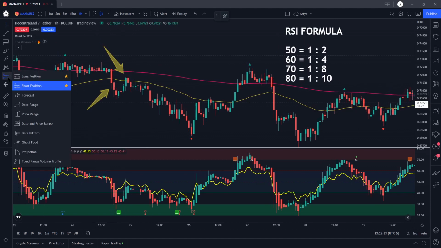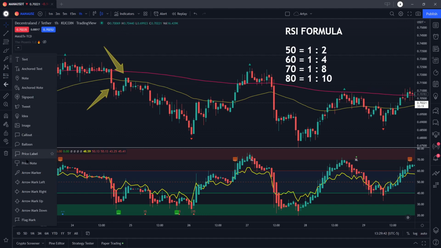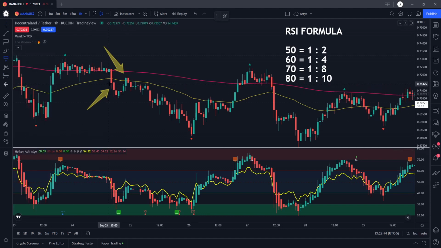So what you can do is, let's say you entered your trade here. Give me a second. Let me grab one of these price notes. I like these. So let's say you entered into the market here. You knew that it was going to be moving down, but you want to wait to analyze the market. So 1, 2, 3, 4, 5, 6 hours later, it actually tests off the 50 and you can enter at this price.